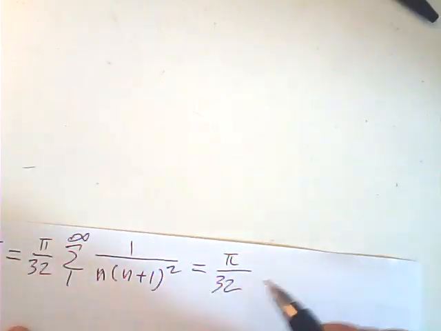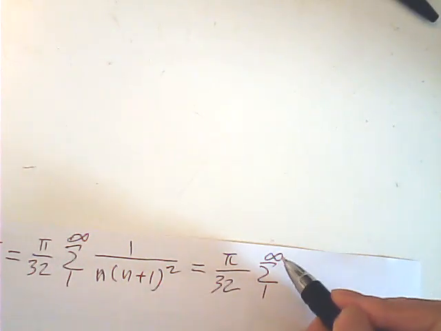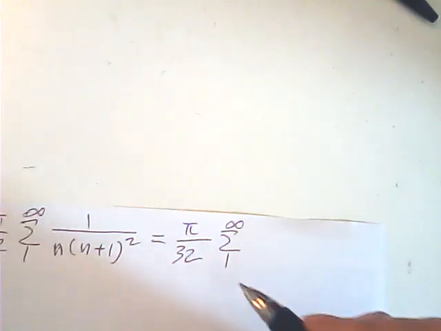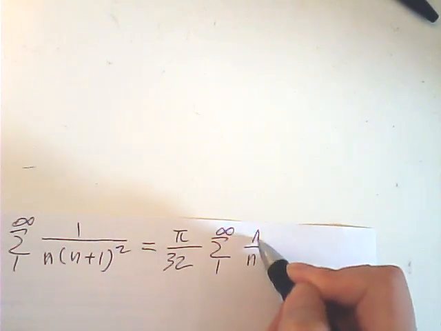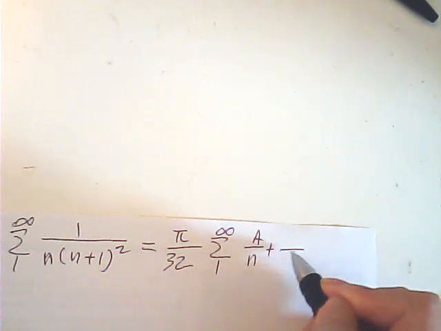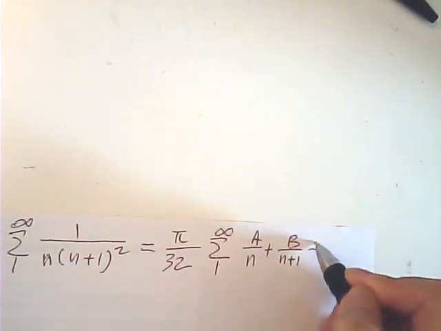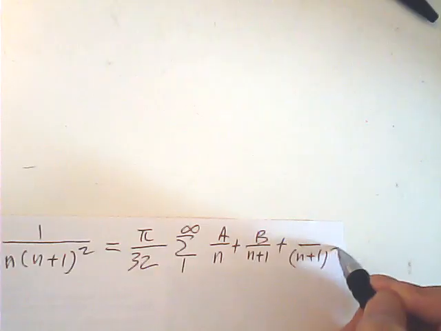This could be written by partial fractions, right? This is A over n plus B over n plus 1 plus C over n plus 1 squared.